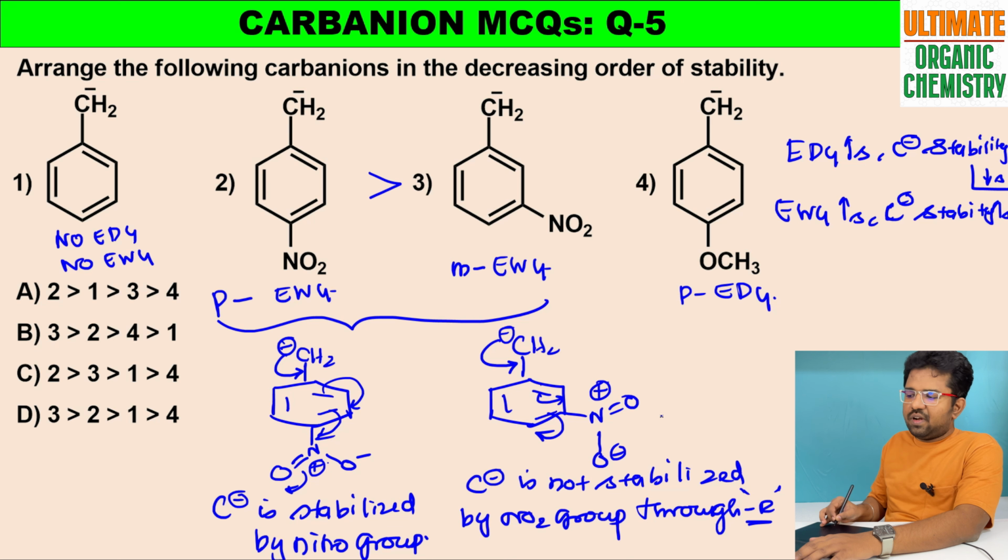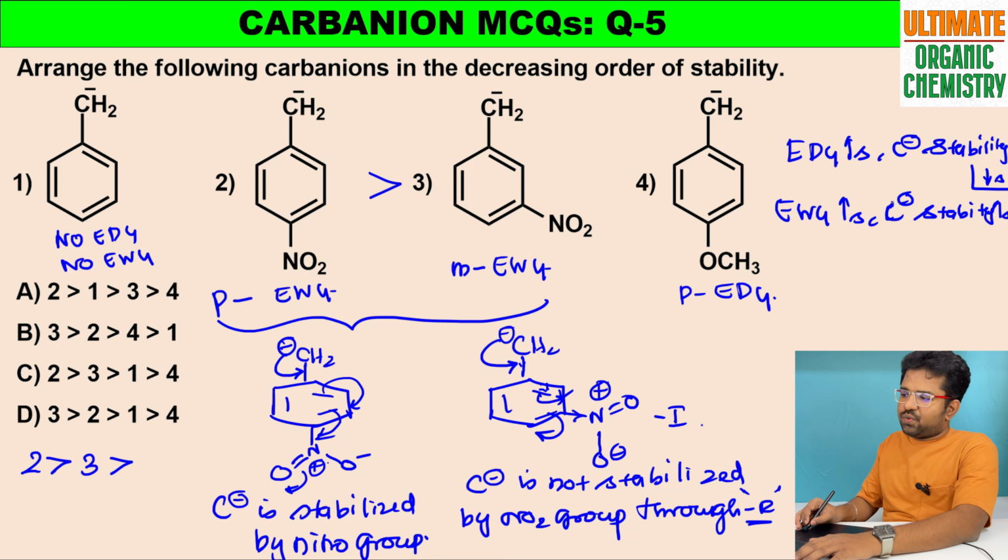So minus R effect will not be taking place here, but in this case, minus I effect will be happening. So instead of minus R effect, minus I effect will be operating in this case. Through sigma bond, it will try to withdraw the electron, and this will be next more stable. So the most stable will be 2, followed by 3.